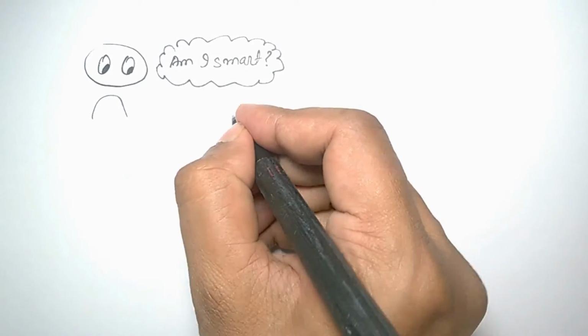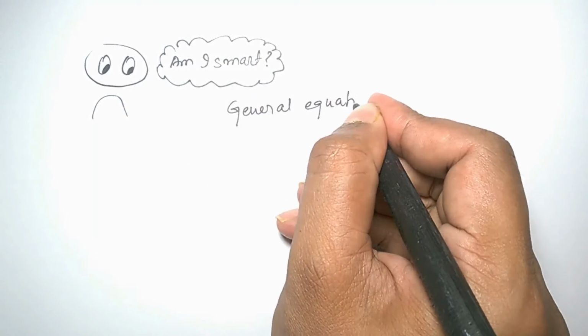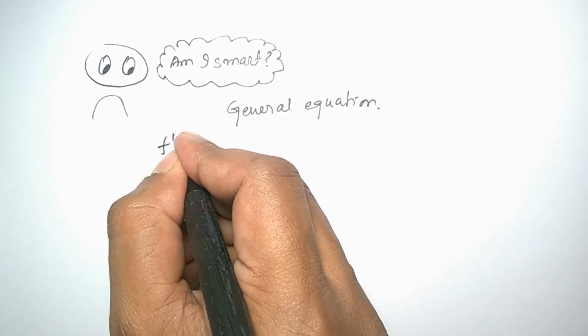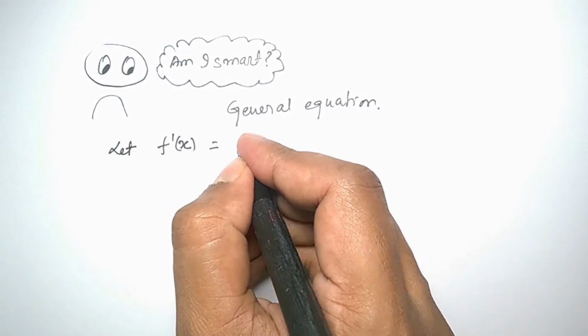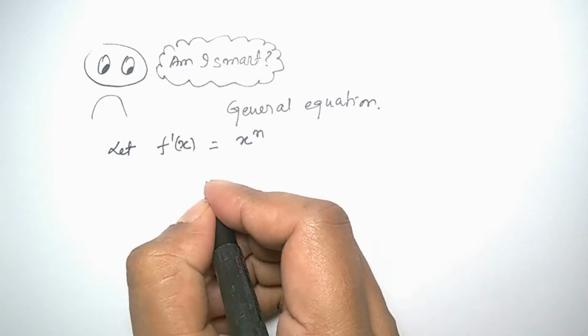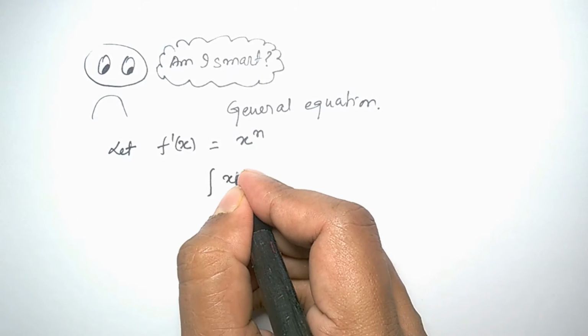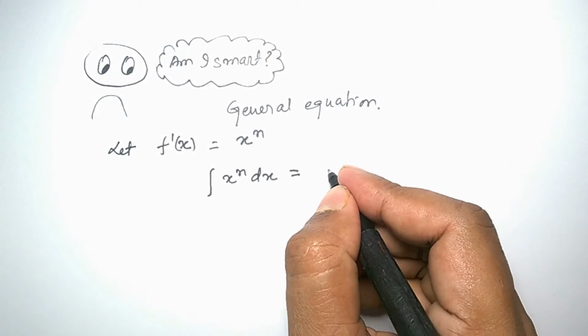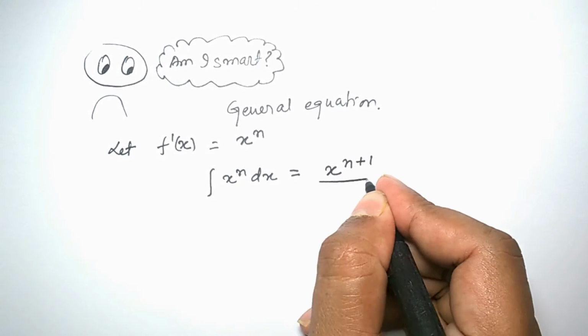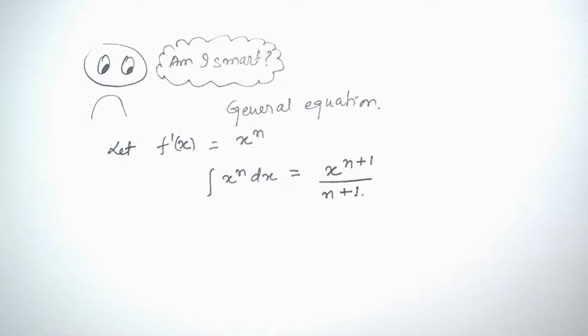Then the function will be x with a power 1 more than its previous power, and one more thing added to the result is a denominator with the same value as the new power.